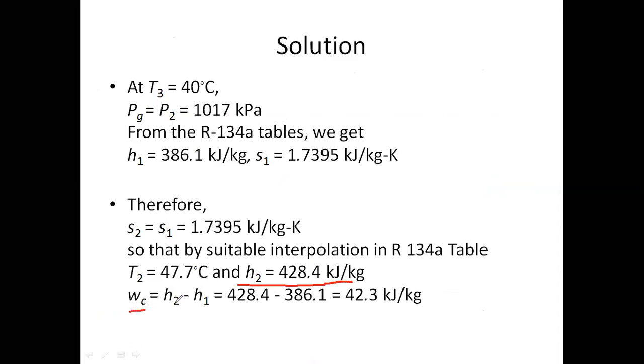We know H2, we know H1, therefore we can calculate the compressor work input, that is 428.4 minus 386.1. 386.1 is the inlet to the compressor, that is H1, and at the exit from the compressor, this is H2.